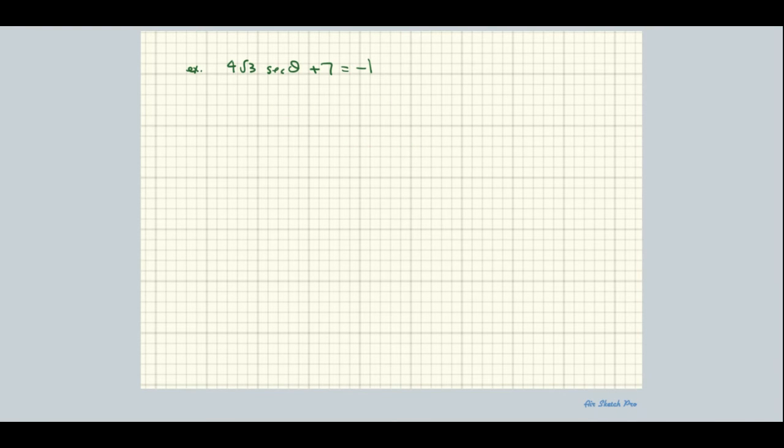Here we go. So again, this gives me 4 root 3 secant theta equals negative 8. Secant theta equals negative 8 over 4 root 3, which is equal to negative 2 over root 3. And now, the reciprocal of secant is what? Tangent? I forget what the reciprocal of secant is.